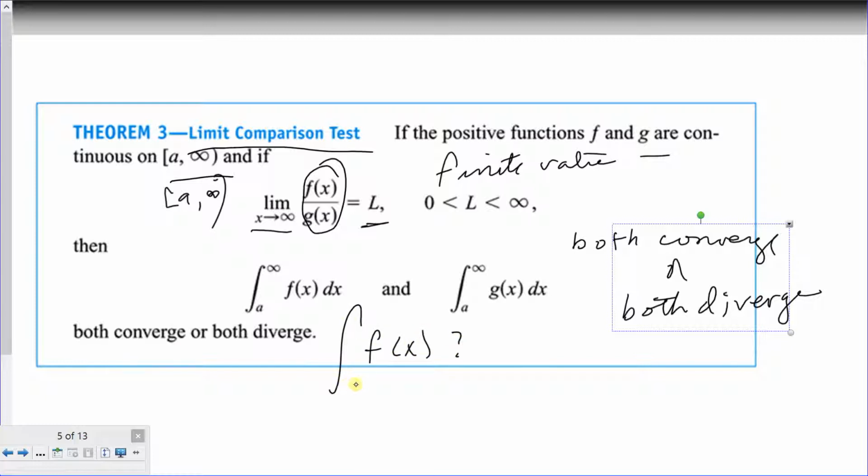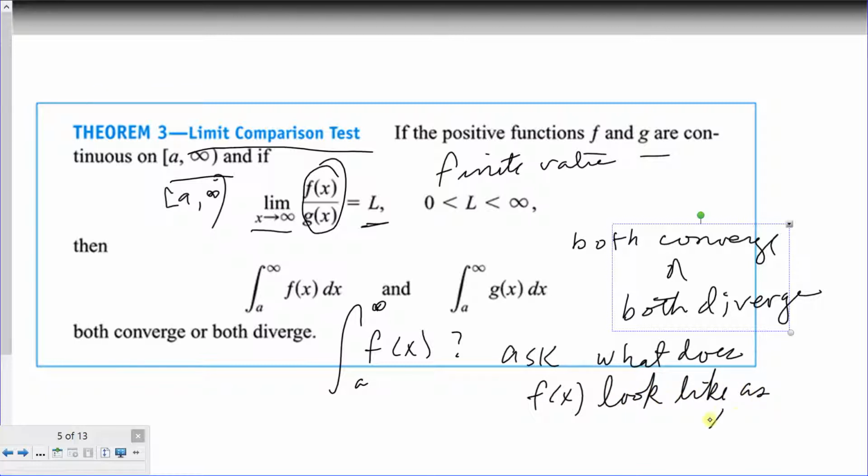So what you end up doing here is, if you've got a function f of x and you're asking about its convergence or divergence, you ask what f of x looks like as x approaches infinity, and then do a limit comparison test.